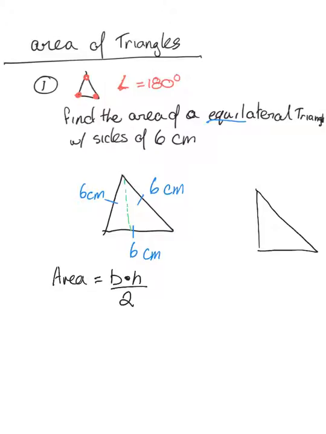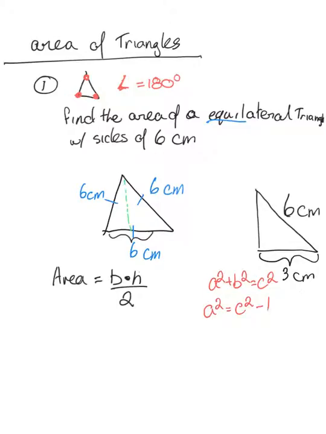You're given that this is 6 centimeters, and you're given that this whole distance is 6, meaning half the distance would be 3. And you guys should know Pythagoras, so that would be a squared plus b squared equals c squared, and c squared is the hypotenuse, so a squared would equal c squared minus b squared, given that that is a right angle.